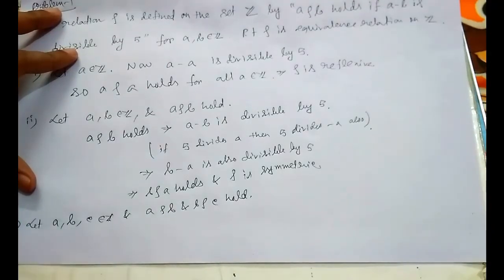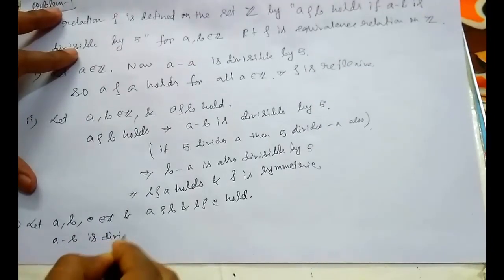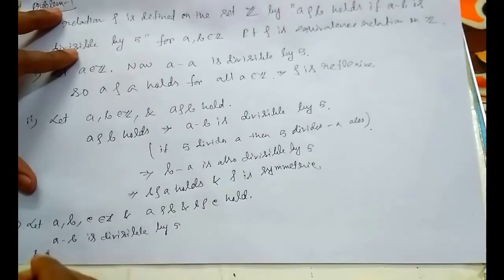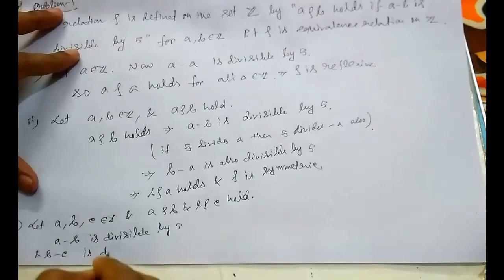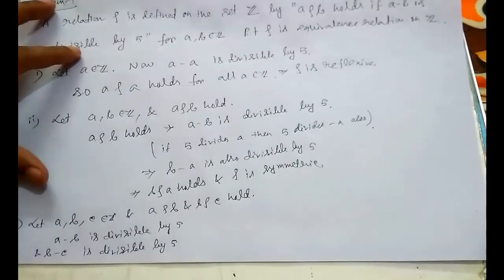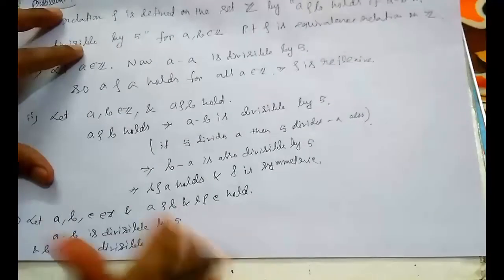Now a rho b and b rho c hold means a minus b is divisible by 5 and b minus c is divisible by 5. Now we have to show that a minus c is divisible by 5.